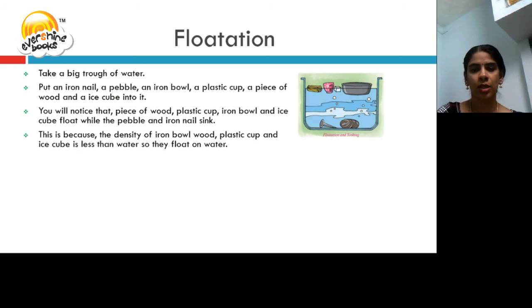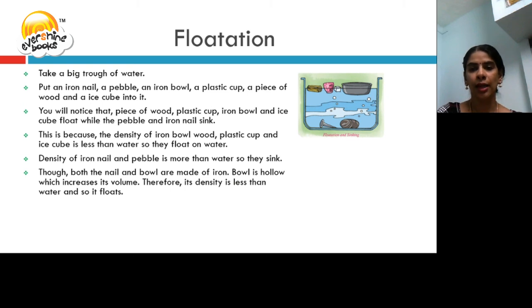This is because the density of the iron bowl, wood, plastic cup and ice cube is lesser than water. Hence, they float. The density of an iron nail and pebble is more than that of water, and hence they sink.